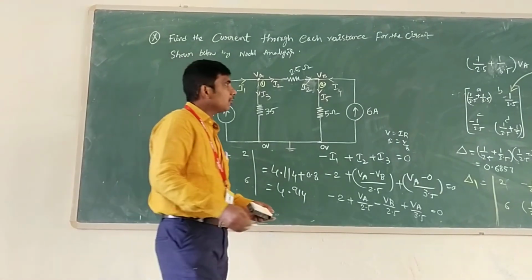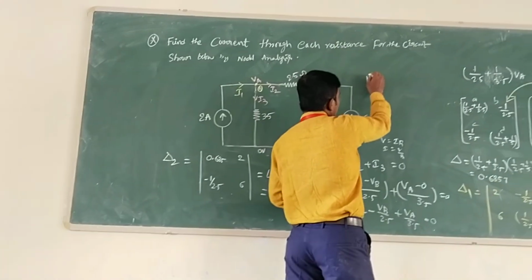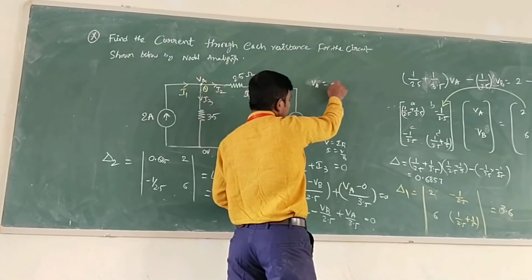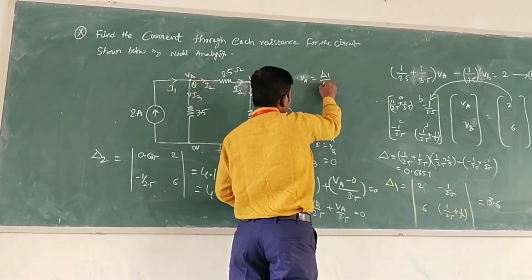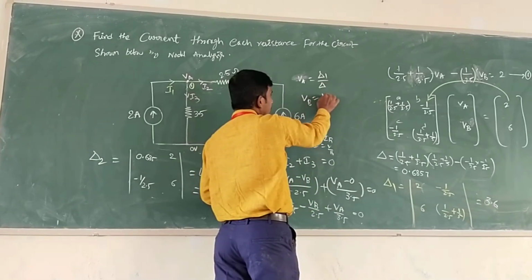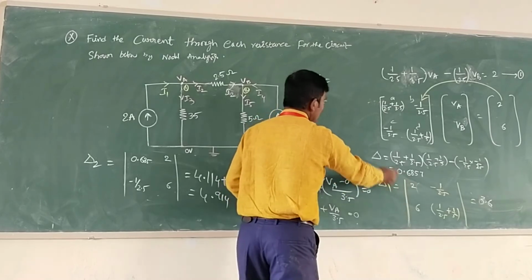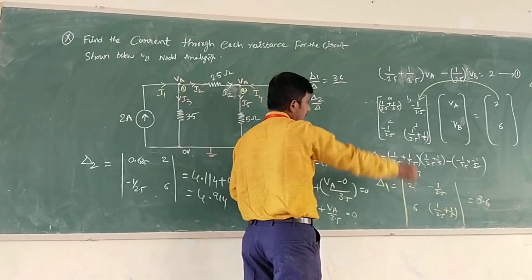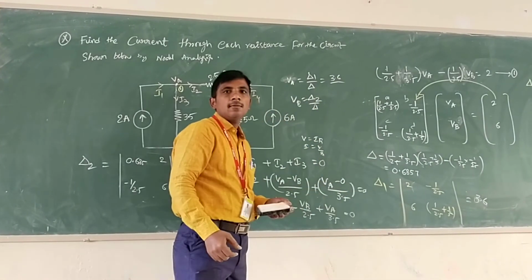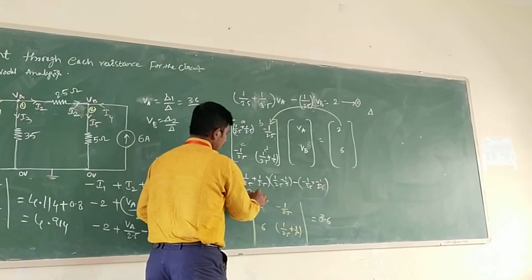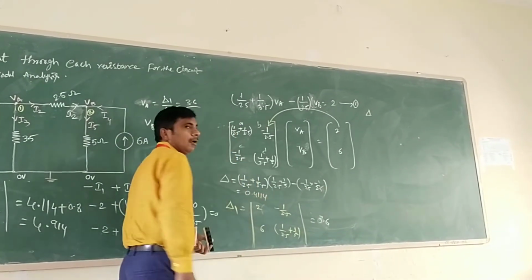Now find out VA equal to delta 1 by delta. Delta 1 is 3.6. Sir, delta is wrong, sir.